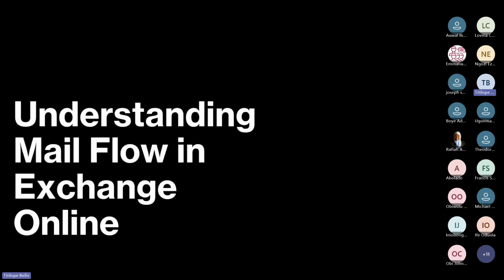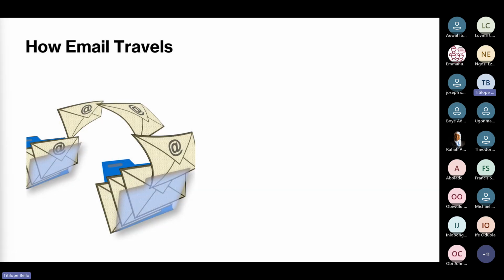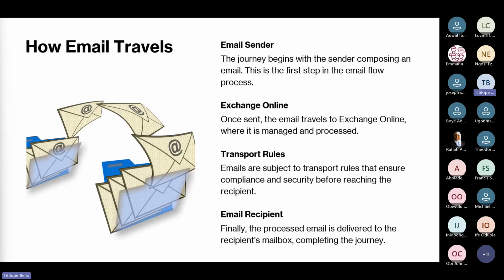Okay, so first we are going to look at how email flows in and out of Exchange Online, just using this simple slide. There are four components when it comes to email flow. There are other components in between, so not strictly these four.